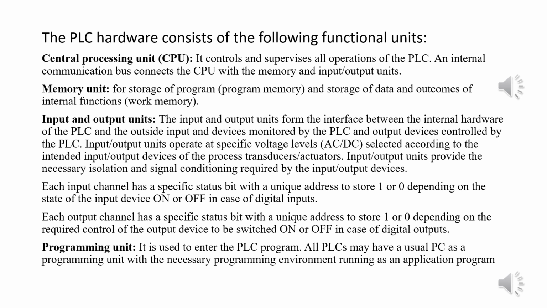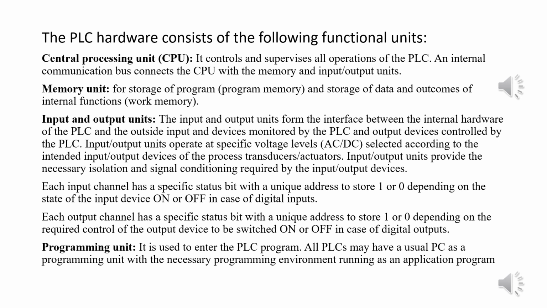Inputs are connected to the process transducers and outputs are connected to the process actuators. We should choose the input and output units with the operation voltage required, either AC or DC, by the input devices and the output devices.